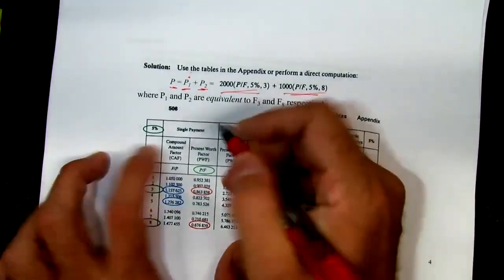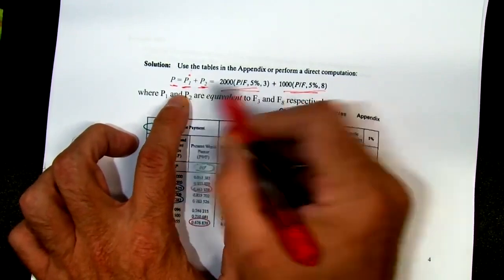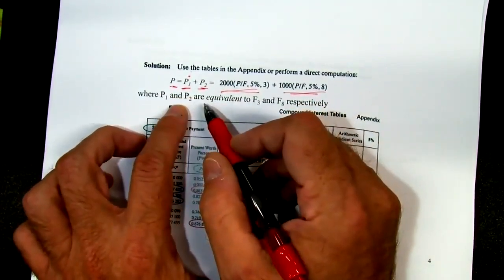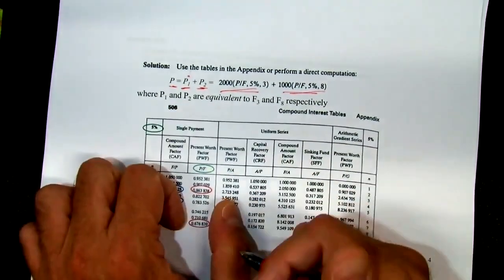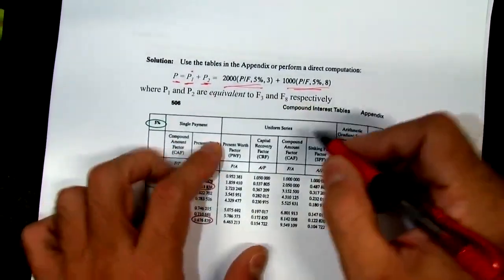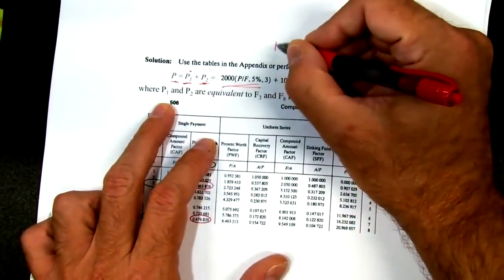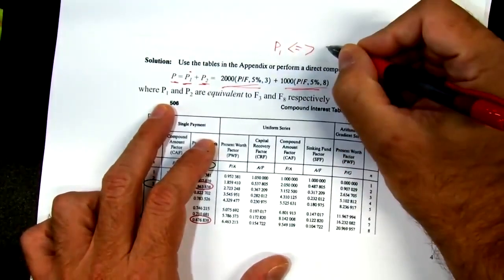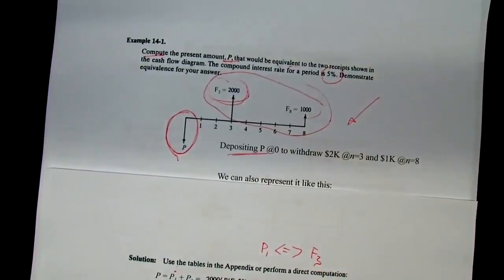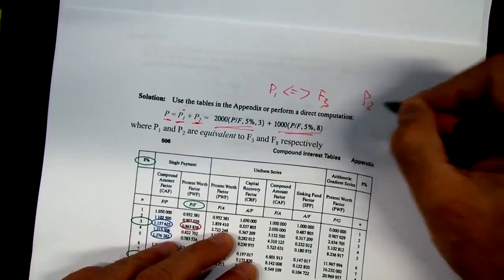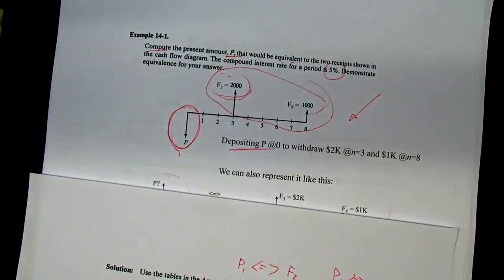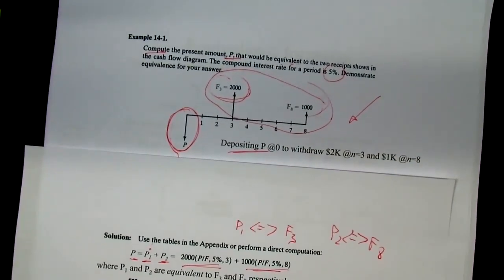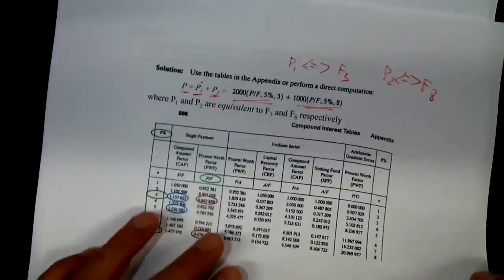Now you are left with simply calculating each one of these, P1 and P2, using the formula that we discussed earlier. For our purpose, P1 will be equivalent to your F3, referring to this F3 right here, and your P2 will be equivalent to your F8, as it is from the book. So it's just a matter of calculating it.